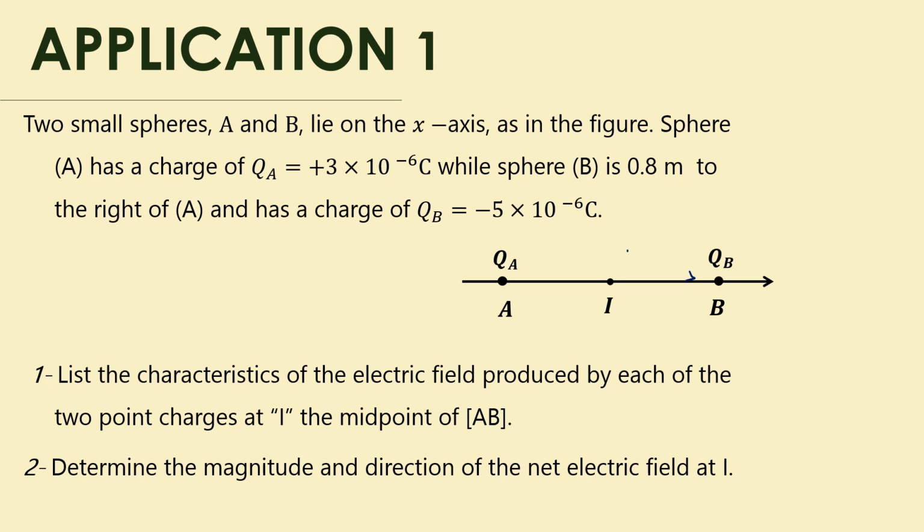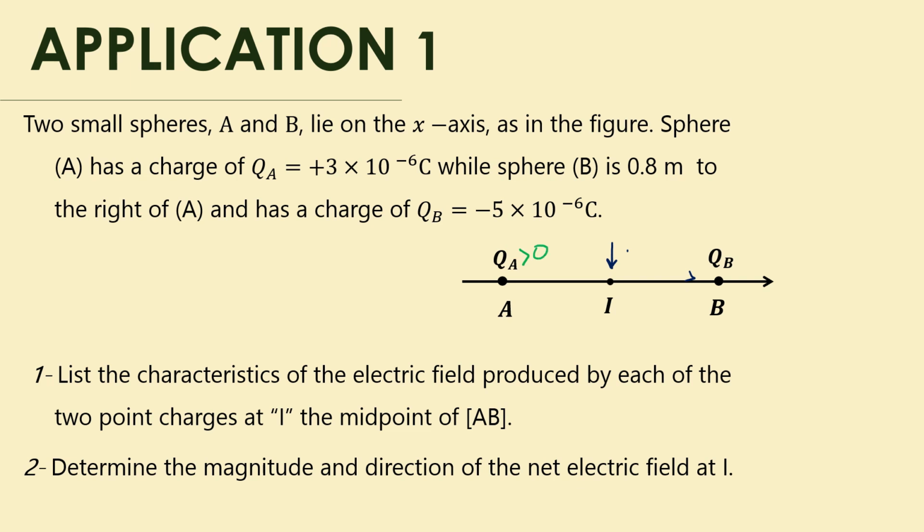Part 1, list the characteristics of the electric field produced by each of the 2 point charges at I. Here is where we are interested in drawing the fields or representing them. If we discuss each of the 2 charges, QA and QB, first QA is positive.